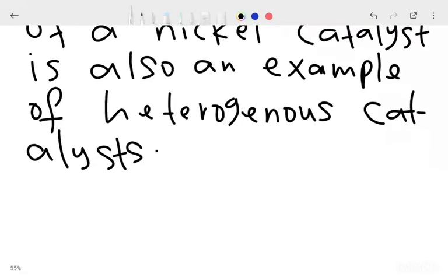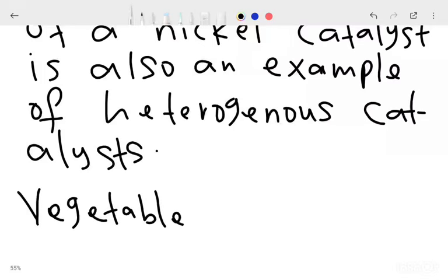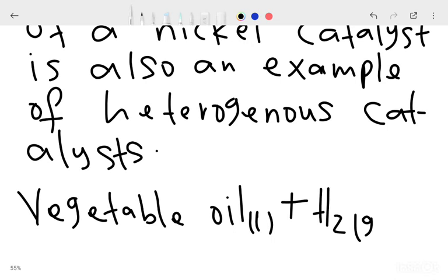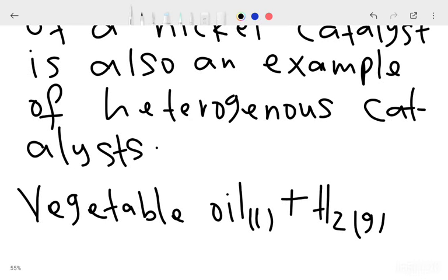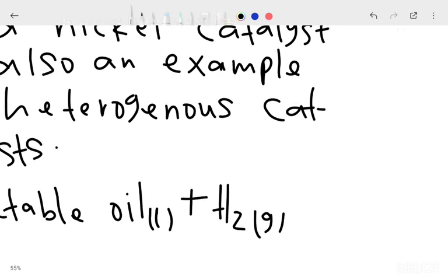Now, this is the reaction of this statement: vegetable oil, which is liquid, reacting with hydrogen, which is gas. No space again, so just write it. Vegetable oil, that is liquid, plus hydrogen, which is gas.